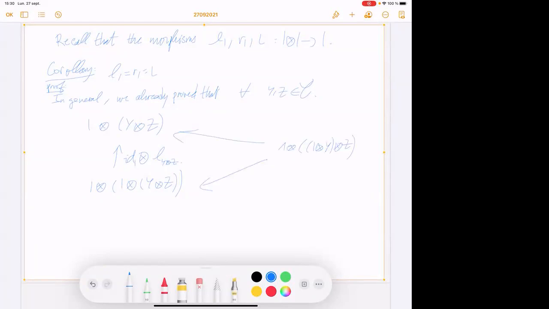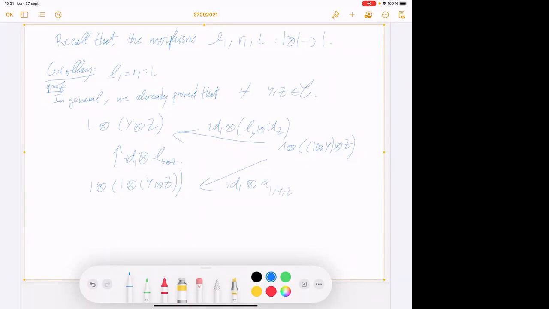On the top, identity of 1, and then we apply just L_Y, and tensor identity of Z. On the bottom, again identity of 1, and here we need to apply the associativity transformation A_{1,Y,Z}.